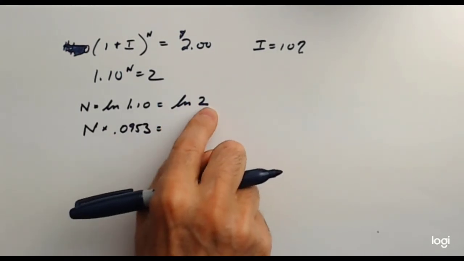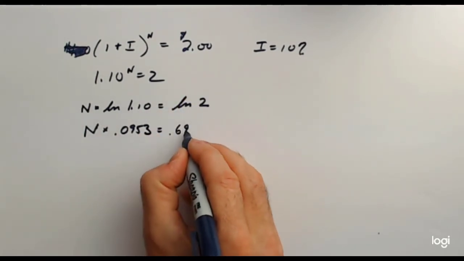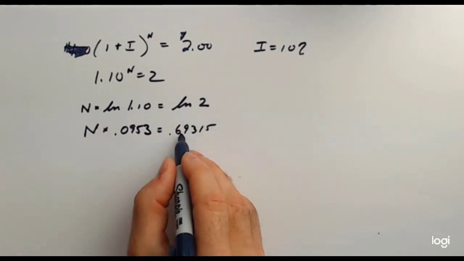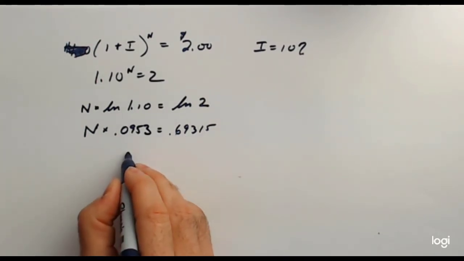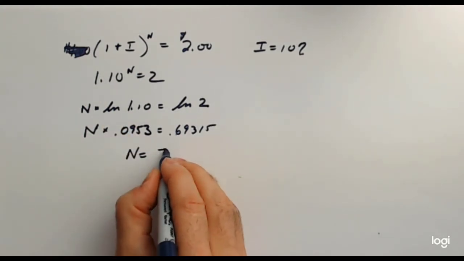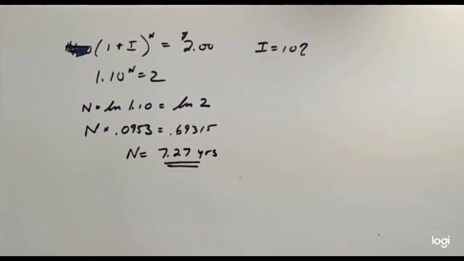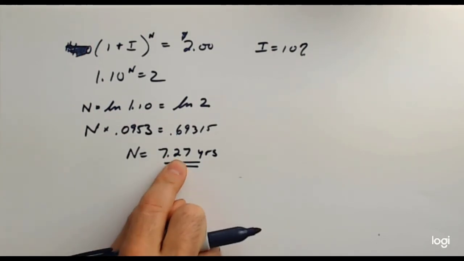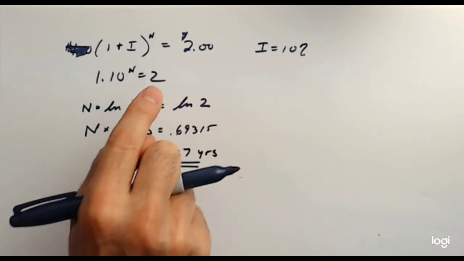Then take the natural log of 2, put 2 in, hit the natural log, you'll get 0.69315. Then n, just divide both sides by 0.0953, and n will equal 7.27 years. So it will take you a little over 7 years at 10% to double your money. That's how you interpret it.